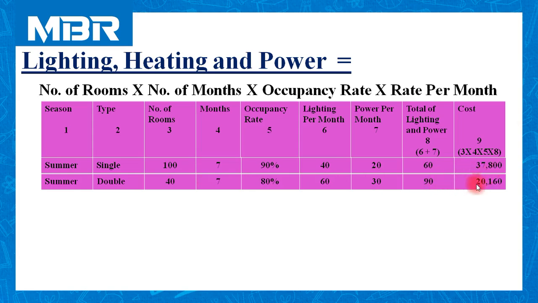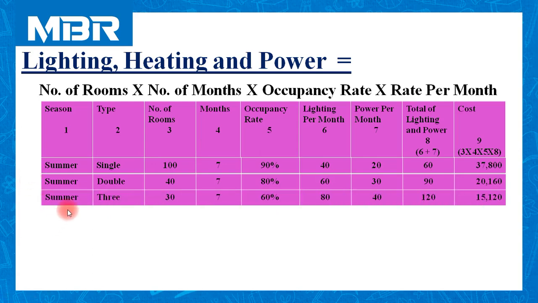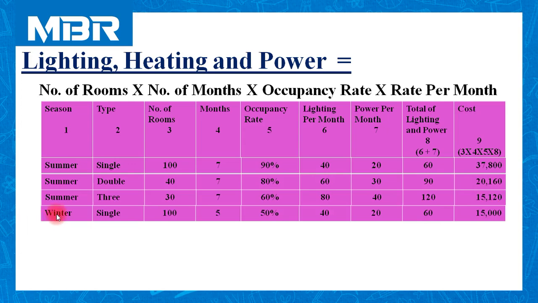So the figure would be 20,160. Same way, calculate for summer for 3-room suites. The same pattern, just insert the figure in the table and you will get 15,120 rupees as the cost of lighting and power.